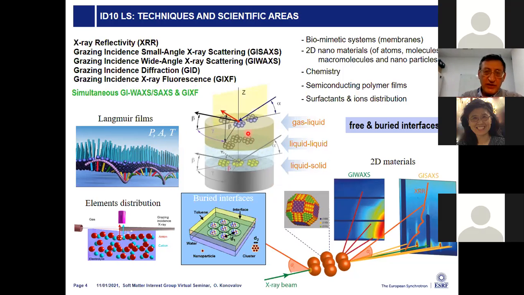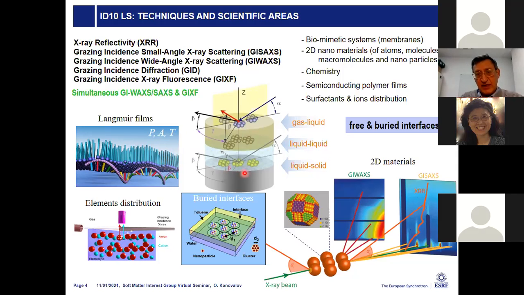And the majority of the time, this beamline is used to study different types of soft condensed matter systems. One of them is Langmuir films, which are supposed to mimic a biological membrane. Then we can study the organization of this membrane and its interaction with different systems like proteins, DNA, or ions.